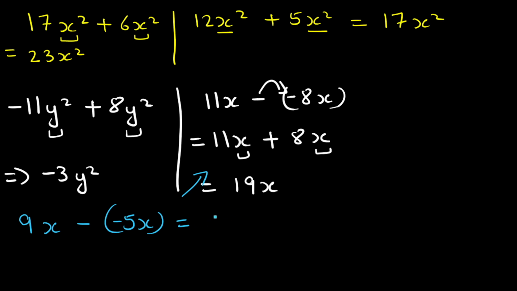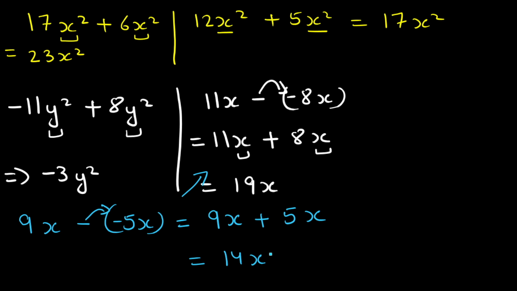Okay, I hope you went ahead and at least solved to the next step, which is opening the parentheses. So let's go ahead and do this. We just write 9x and negative sign times negative will give us a positive sign, plus 5x, and then we will add these numbers together. 9 plus 5 is 14, and the like term at the end, which is x. So this is our last problem like this.